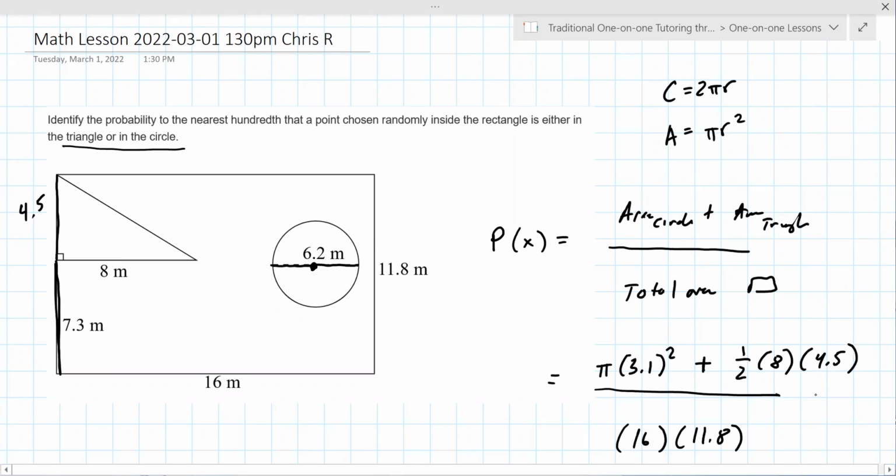Okay, so I'd like you to try entering this in your calculator. A probability is between 0 and 1. So the answer you give me better be between 0 and 1. If it's not, double check your calculations there.